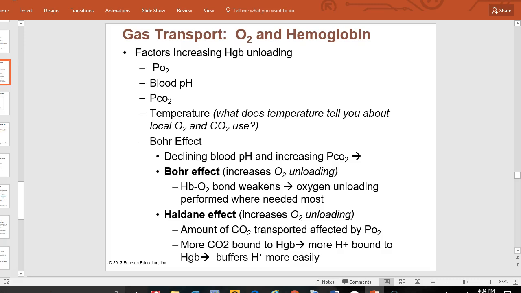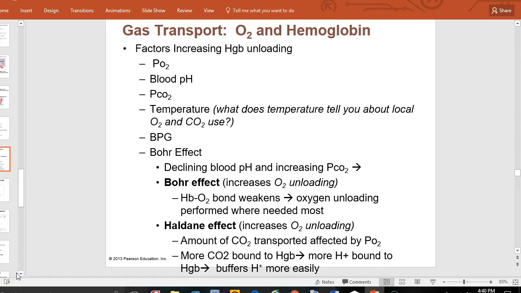Hemoglobin saturation refers to how much oxygen is bound to the heme. So it's two ways of really saying the same thing, which is how much oxygen is actually on hemoglobin. So these factors regarding gas transport are controlled locally in many cases.